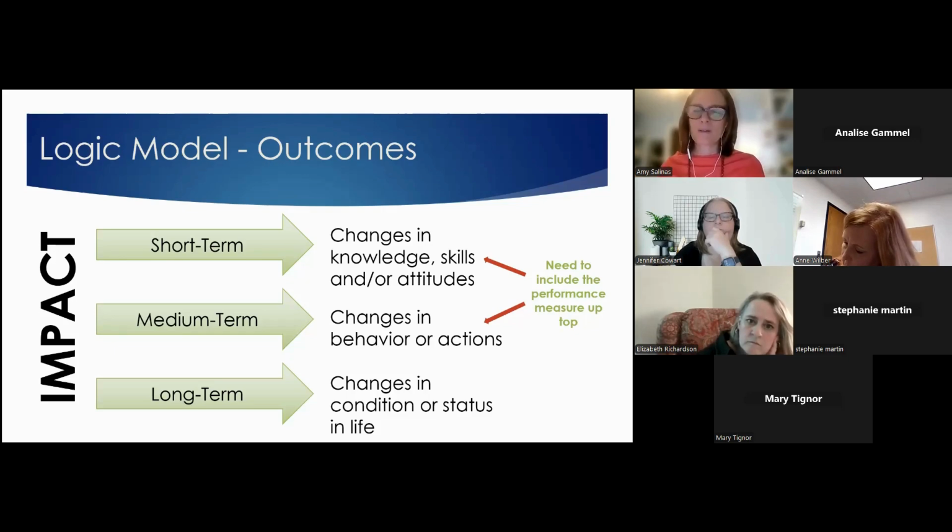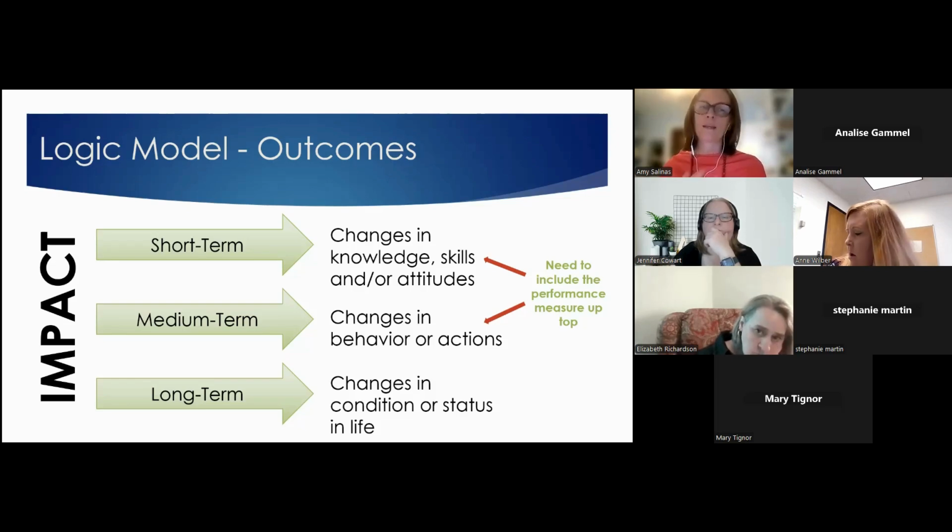It's not specifically related to time, but specifically related to types of changes. So short-term changes are changes in knowledge, skills, attitudes, opinions. Medium term are changes in behaviors or action as a result of that change in knowledge, skills, attitudes, and opinions. And long term is changes in condition or status in life.